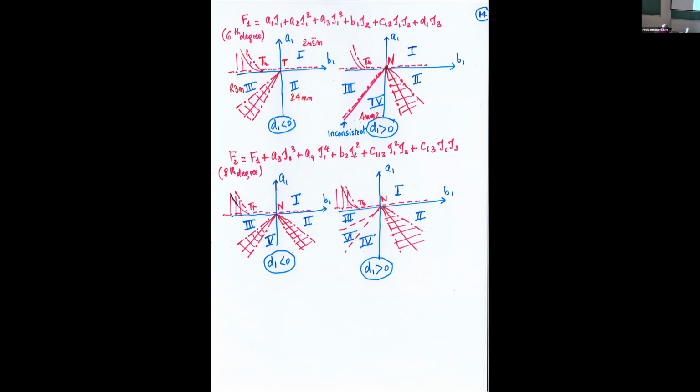So then you have to go to the 8th degree, and then you see that phase 5 appears for D1, but phase 4 is here, and phase 6. And you need to go to 12 because the 6th degree works only for second order transition. And you need to go to the degree 14 if you want to have really the full phase diagram with first order transition and so on.